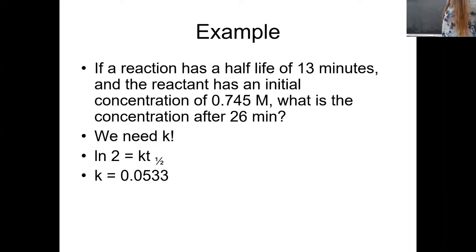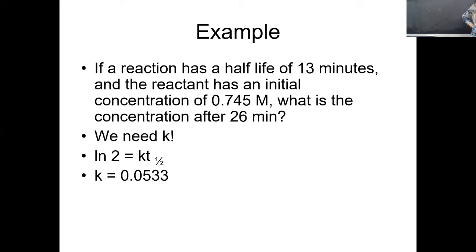And I'm carrying an extra sig fig there than I should, but you should get right about that. And if you're not getting that, make sure that you close the parentheses on the 2 so that you don't have the 13 in the parentheses. All right, anybody get that for K? Got a few nods out there, excellent.